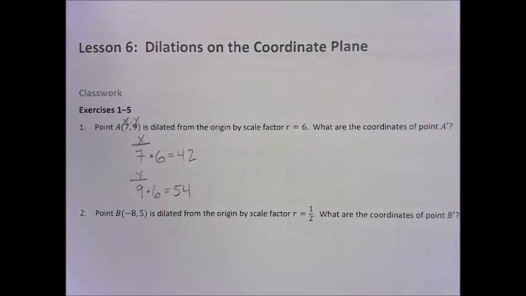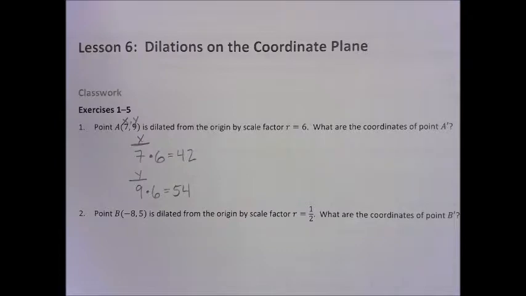Alright, so the reason that I know that these numbers are going to be very large is because my scale factor is 6, which is way more than 1. And you should know by the time we get to this lesson that whenever we are enlarging a figure or a point on the coordinate grid, that number is going to be above 1.